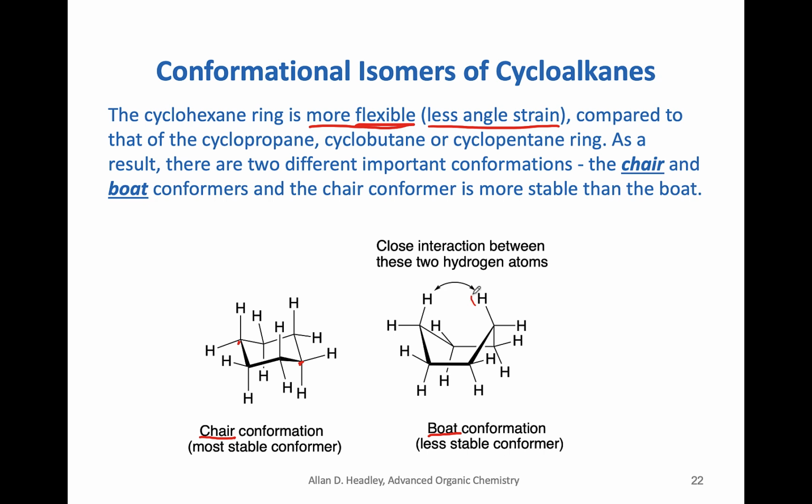Because they're close to each other, and as we mentioned earlier, groups on molecules want to be as far apart as possible. Therefore, the boat conformer is the less stable conformer compared to the chair conformer, which is the more stable conformer. So from here on, the conformer that we examine for the cyclohexane ring will be the most stable conformer, which will be the chair.